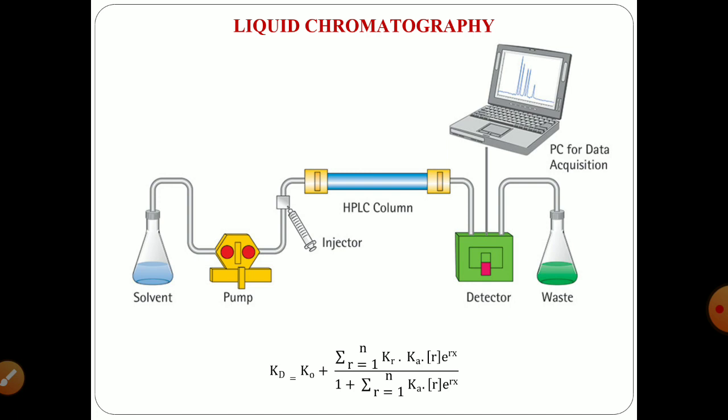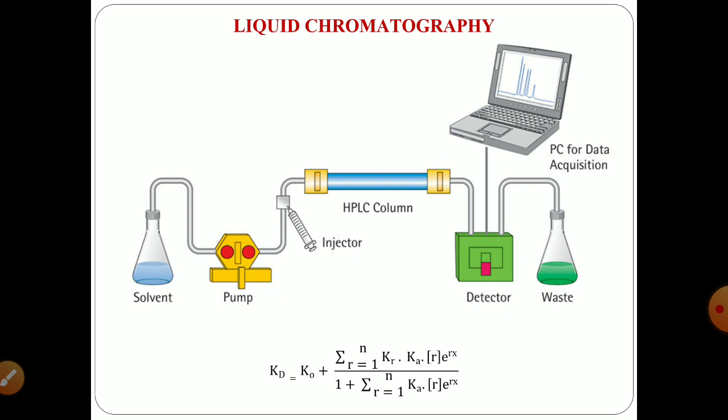Dissociation constant is greatly affected by change in pH, ionic strength and temperature of the system, and in the same way the pH of the mobile phase affects the retention of acidic and basic drugs.